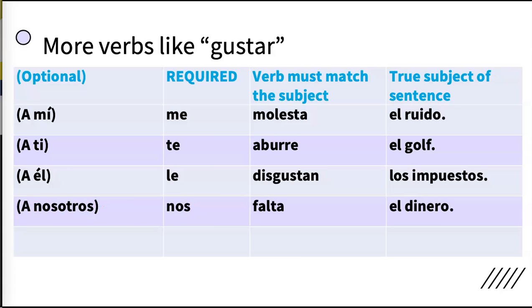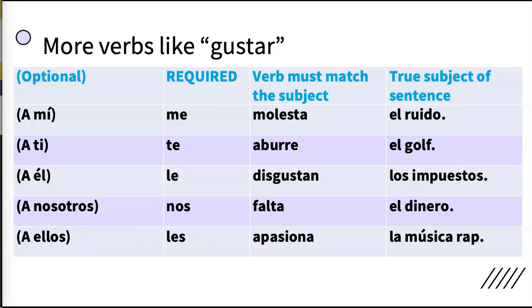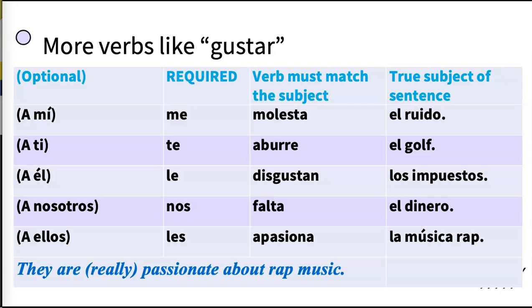Nos falta el dinero. Faltar is another verb like gustar. We're short of, or we're lacking in money. A ellos les apasiona la música rap. Apasionar looks like the English word passionate, and this is a true cognate. They are passionate about rap music.